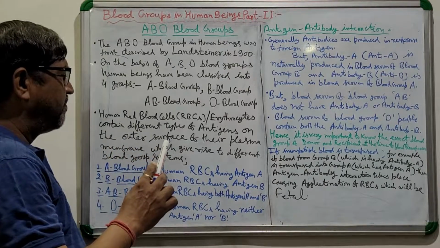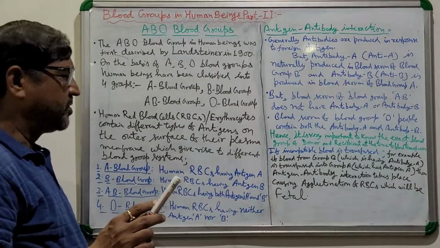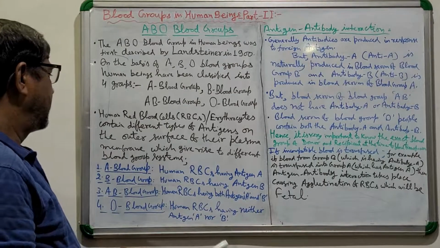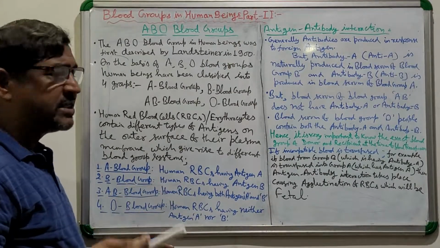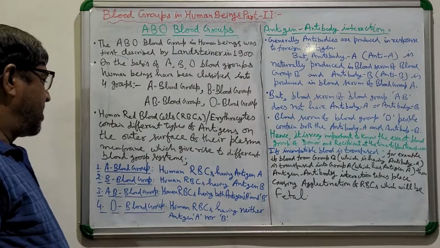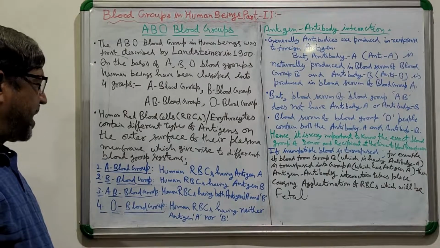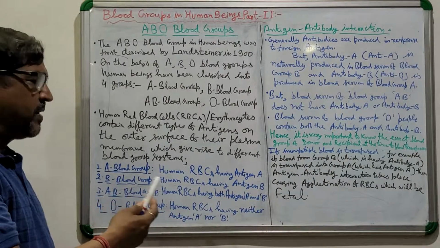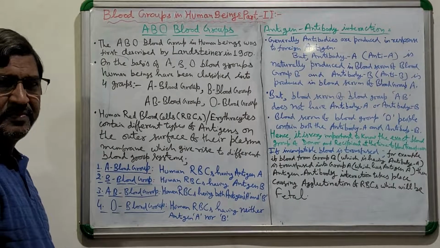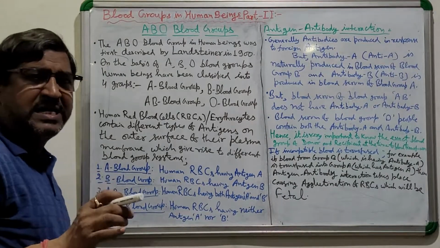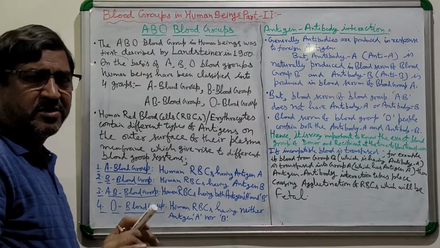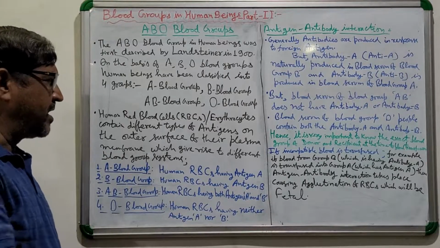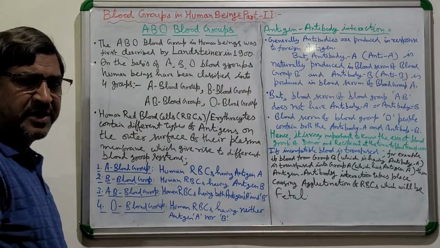Human red blood cells, which you call RBCs and also called erythrocytes, contain different types of antigens on the outer surface of their plasma membrane, which give rise to different blood group systems. On the basis of different types of antigens present on the surface of the RBCs, they are grouped in different groups.